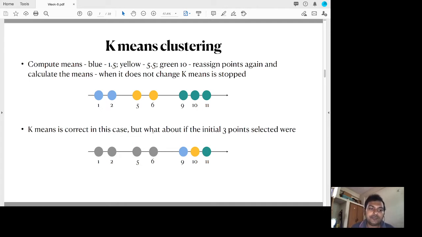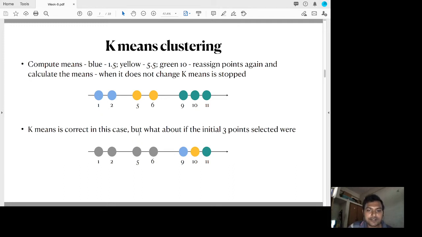Therefore, when you run a k-means algorithm through a package, it will run this algorithm multiple number of times. Generally k-means is never run once; it is run multiple times to improve on a particular metric. We'll talk about that metric later, but first let me show how k-means might actually end up giving a wrong result.